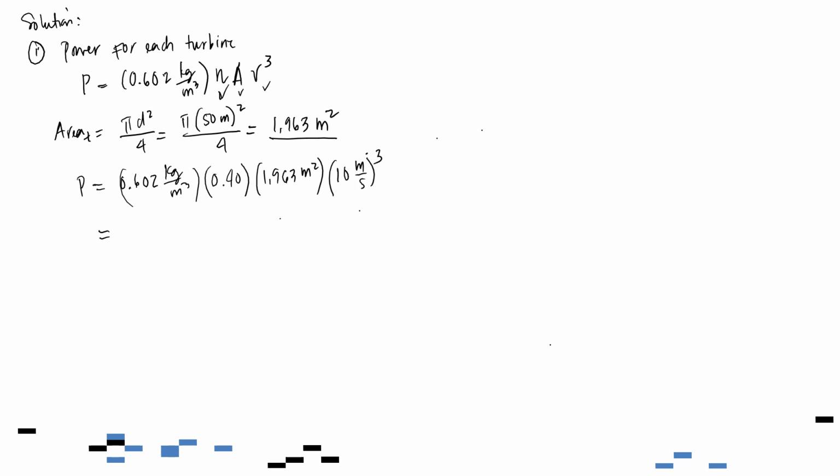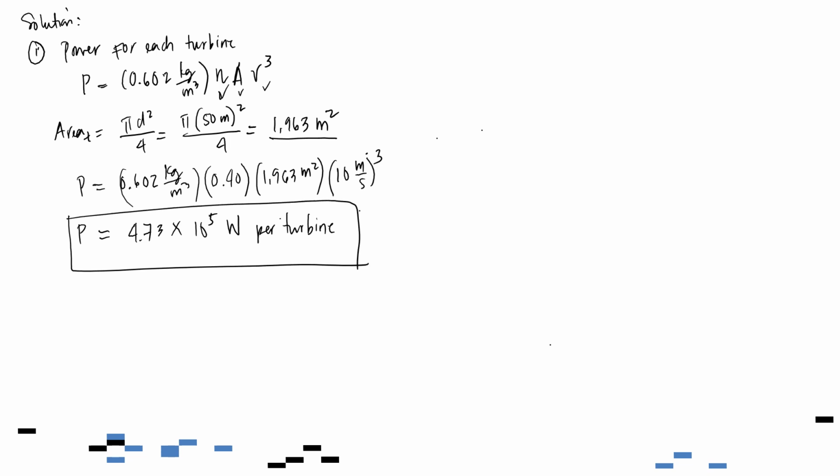And so the power for each turbine is now 4.73 times 10 to the 5th watts per turbine. Okay, so we have this one as the power.